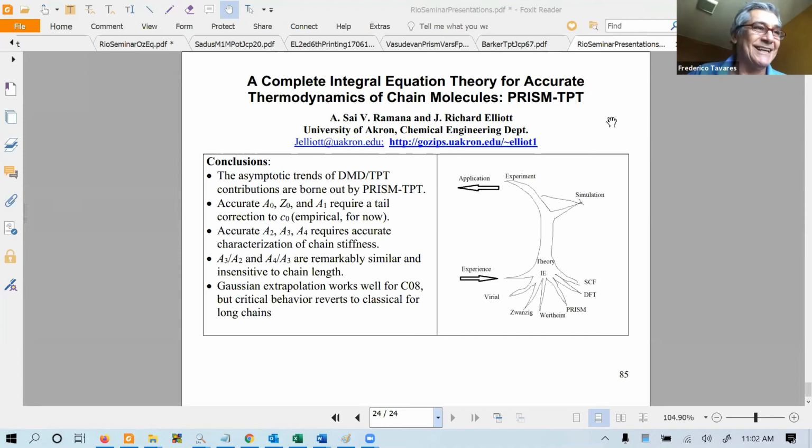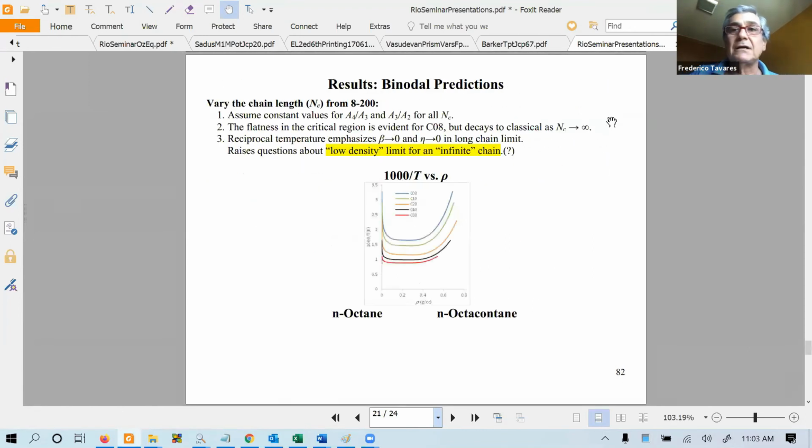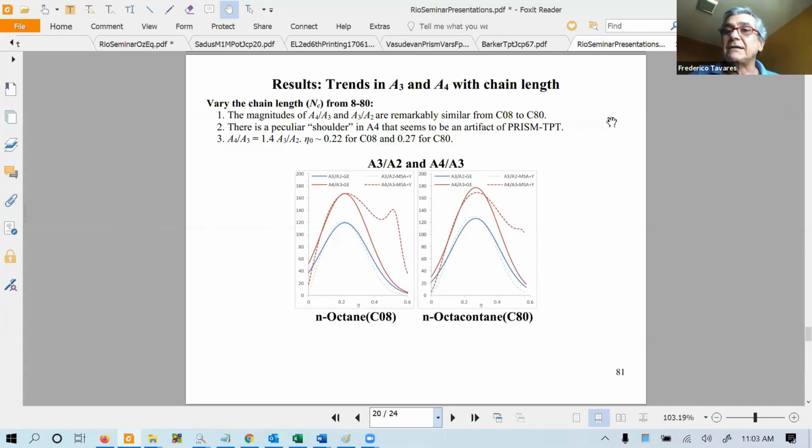I wonder if the artifact that you found in the free energy relation, the fluctuations, this one, is related to the empirical expression for the persistence length model, or is it something more fundamental?